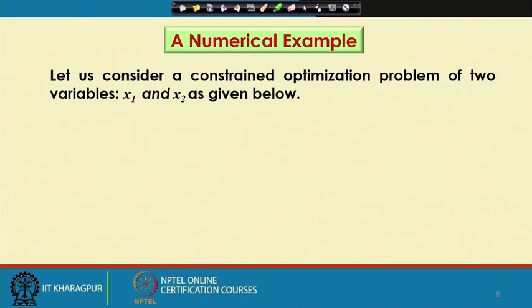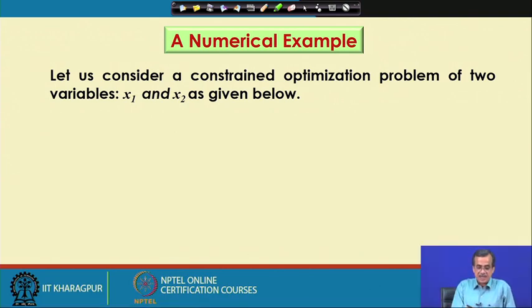Now, I am just going to concentrate on a numerical example to explain the method of this particular penalty function approach. I am going to consider a constrained optimization problem of two variables x 1 and x 2.